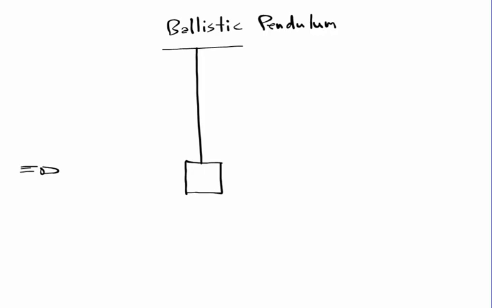This bullet is going to hit the block in a collision. Now, when you hear the word collision, you should automatically think conservation of momentum. Once the bullet hits, the block of wood is going to swing up to some height before it comes back down. Let's say in this case we know the length of this thing.